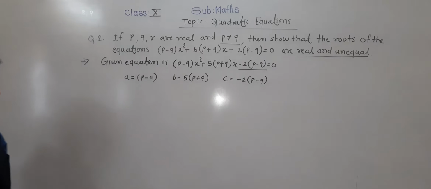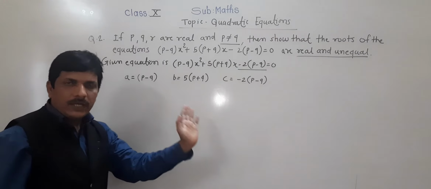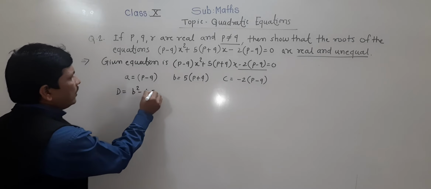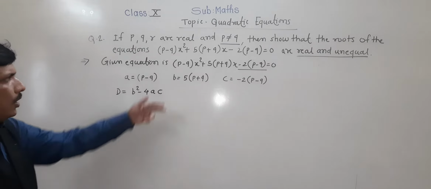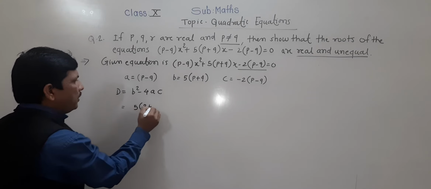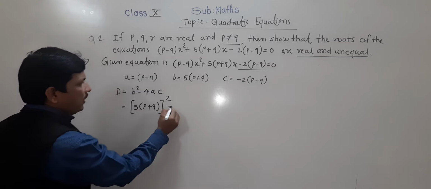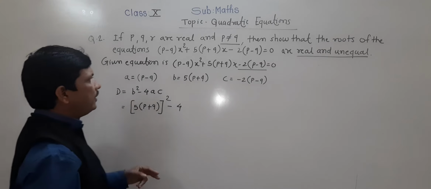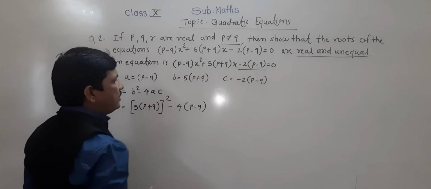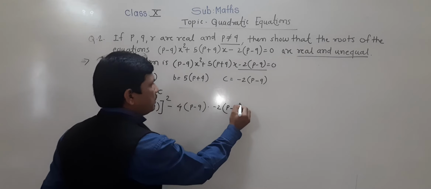Here we have to show D is greater than 0, so first we will find D. D is equal to b square minus 4ac. Put the value of b, 5 (p plus q) bracket square, minus 4 into a, where a is p minus q, and c is minus 2 into (p minus q).